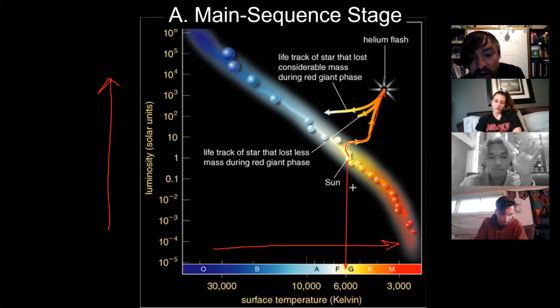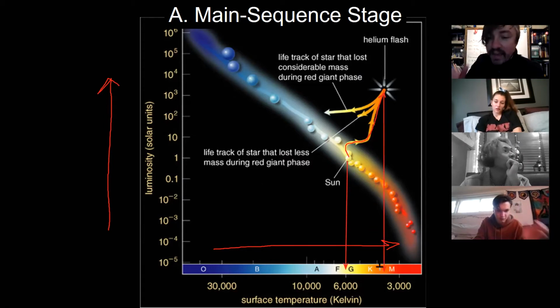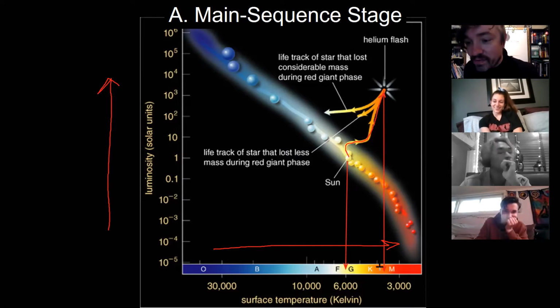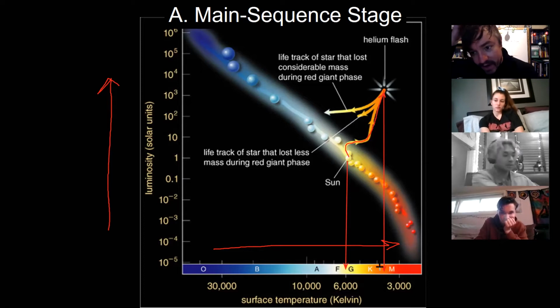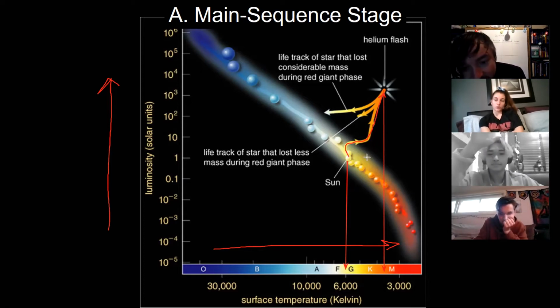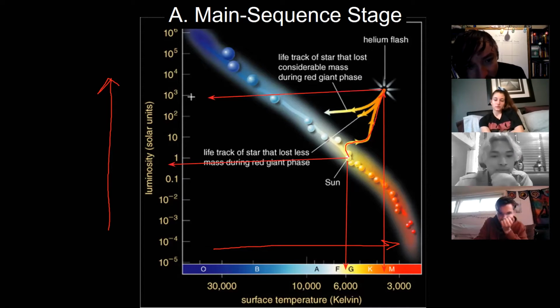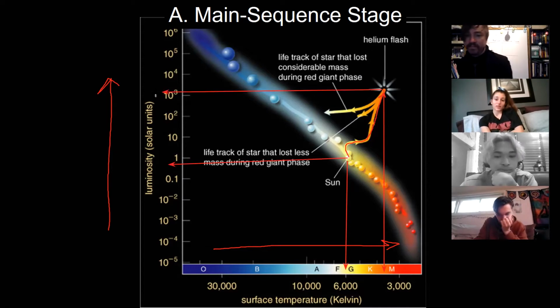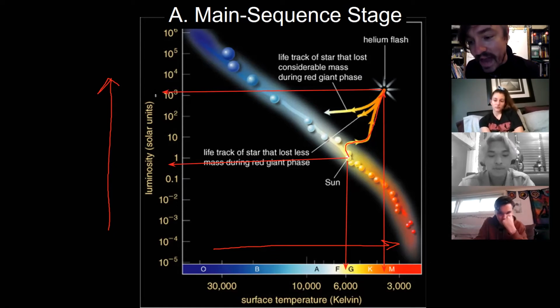Here, the star has a temperature of 6,000 Kelvin, but when it cools, by the way Kaitlyn, this is why it's called a red giant, right? Because as a star cools off, it becomes redder. It's a black body, right? Now, Kaitlyn, if I instead asked what's happening to the luminosity of the star, what's the answer? That's going up. Right. Wait a minute. How can its luminosity go up when its temperature is going down?